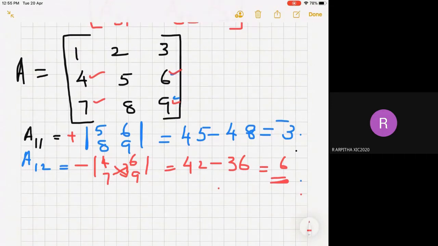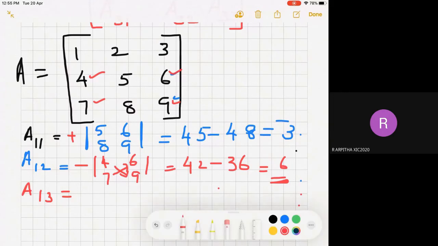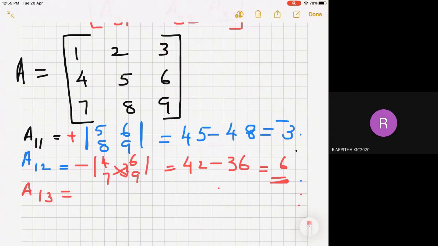Next one is your A13. That is the cofactor of 3. The sign of the cofactor is plus only. Now, what is the determinant we get?